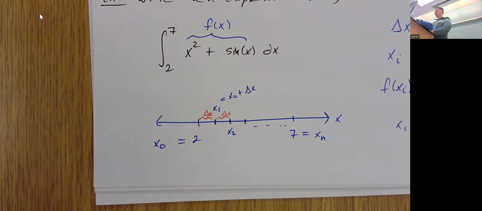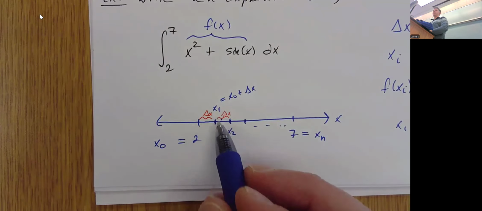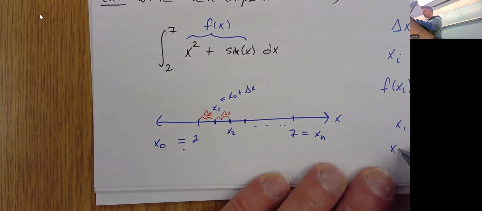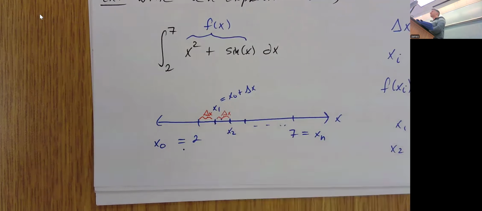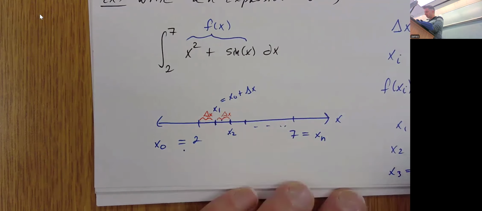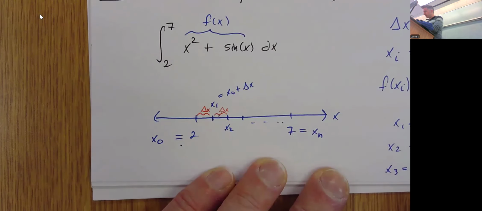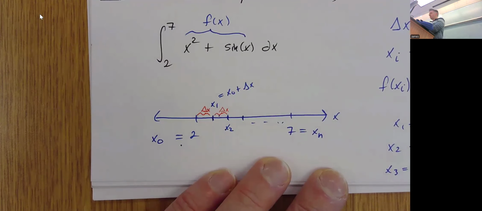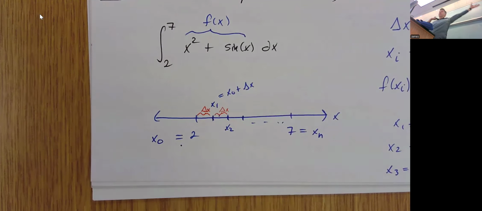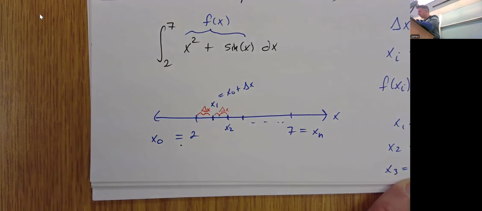The more typical way to say it is x sub 2 is 2 delta x's away from the initial spot. So x sub 2 is your initial 2 plus 2 delta x's. And then a pattern starts to emerge. x sub 3 is your initial spot plus 3 delta x's. And you might just say more generally that x sub i, if you move i delta x's away from the initial value, is exactly the initial value plus i delta x's. So it's 2 plus i times your delta x.